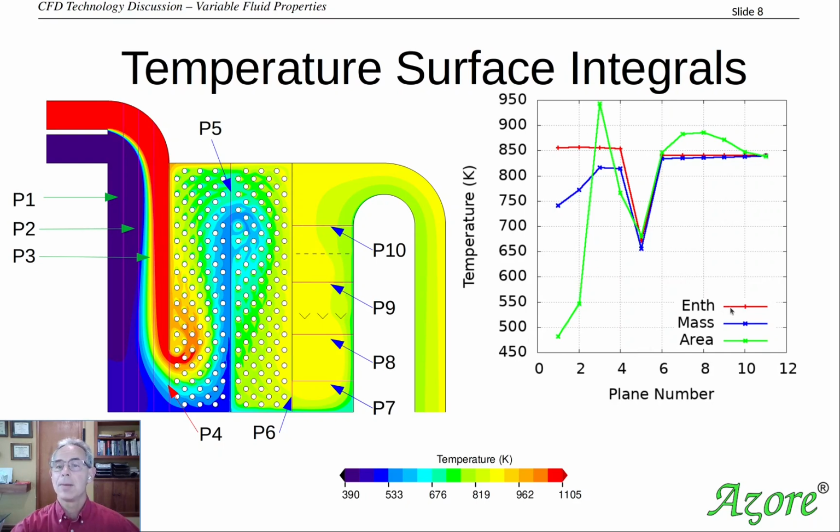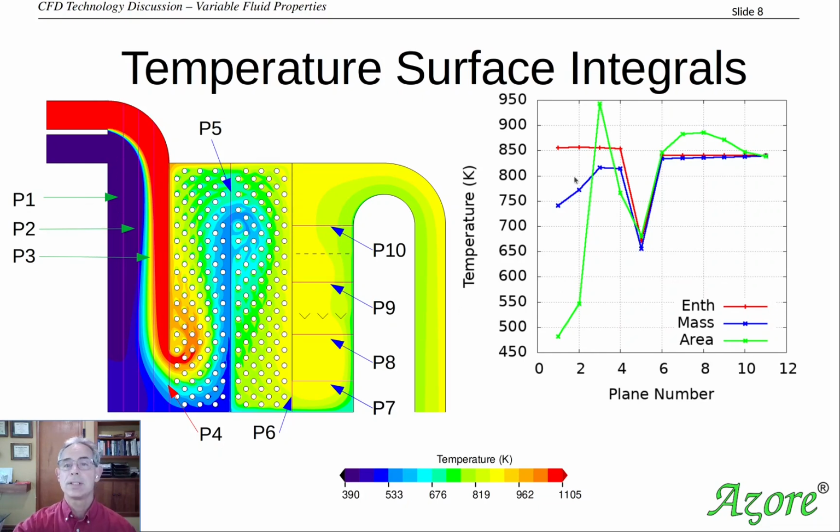The red line represents the enthalpy-based, or energy conservative, integration technique. The blue line represents the mass-weighted temperature, and the green line represents the area-weighted temperature. One thing you might notice here is the very first point, which is plane 1, so that would be this plane right here.